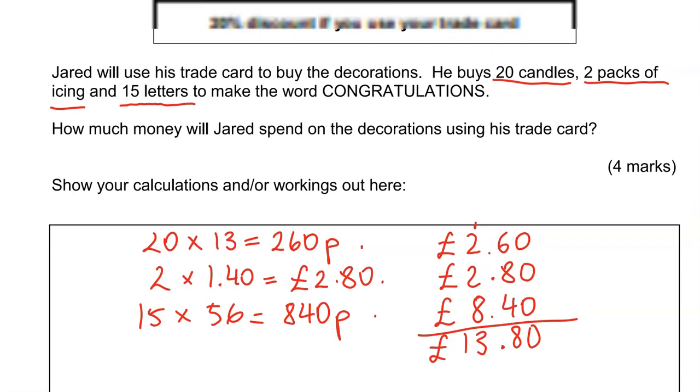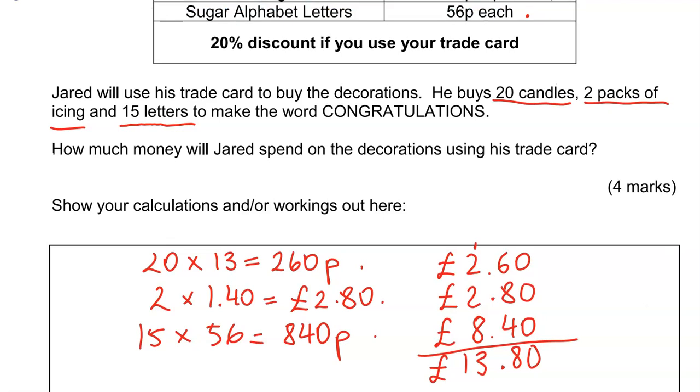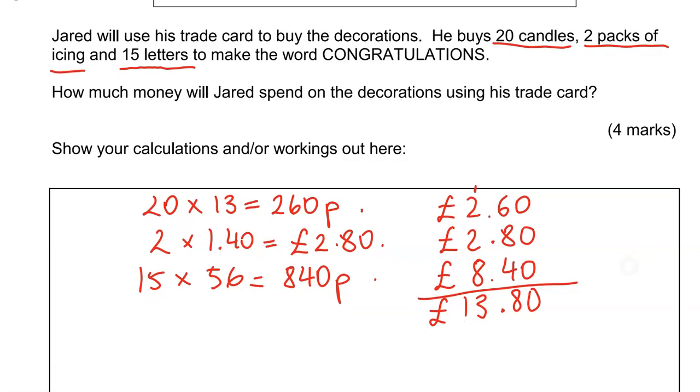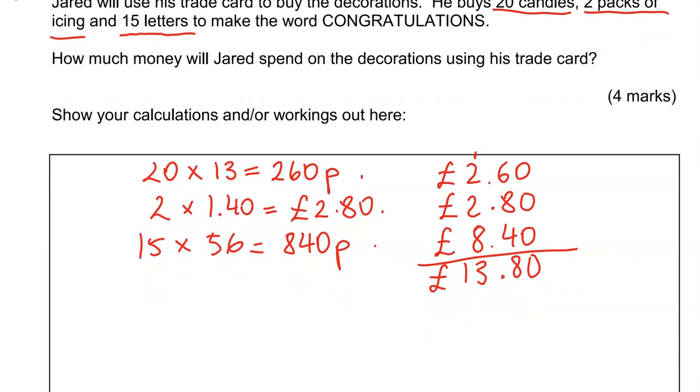So £13.80 so far. But he gets a 20% discount when he uses a trade card. So we're going to have to work out 20%. 20% is, as the name suggests, 20 out of 100. So we're going to do 20 divided by 100 times 13.8, which is 2.76.